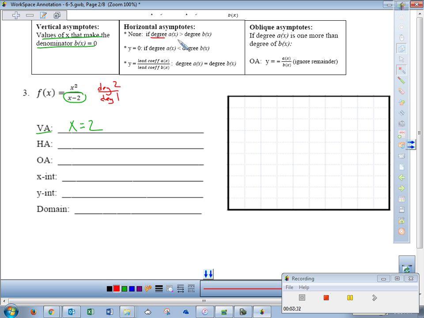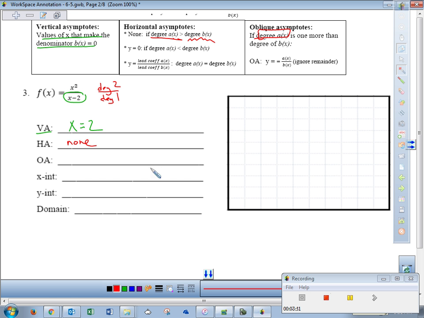So what does that say? That we will have no horizontal asymptote. All right with that so far? Then, do we have an oblique asymptote? Is the degree of the numerator one more than the degree of the denominator? Is that happening? Yes, we do have one.